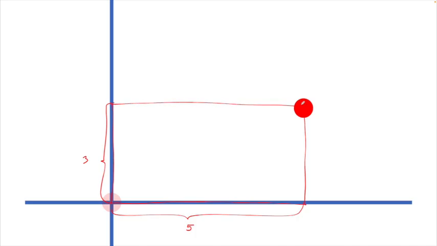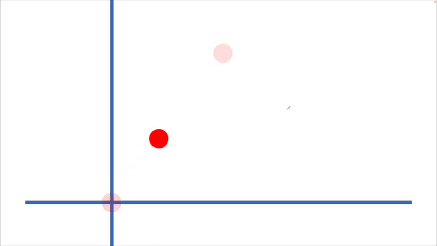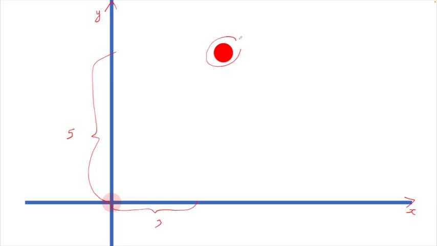So any position in empty space can be defined as x-axis distance and y-axis distance. Here it will be a little different: in x-axis 3, y-axis it can be 5. This is called coordinate geometry, where x-axis is a coordinate, the x coordinate, and y-axis is a coordinate, the y coordinate. So you define the position of any object in terms of distance in x-axis and distance in y-axis from 0, from the origin. This is called coordinate geometry.